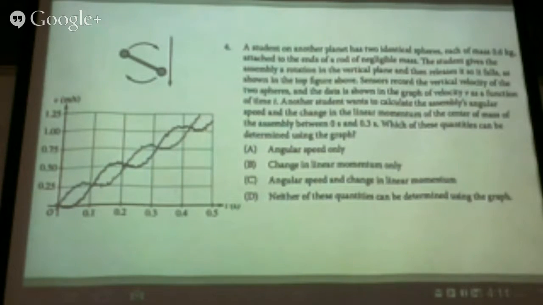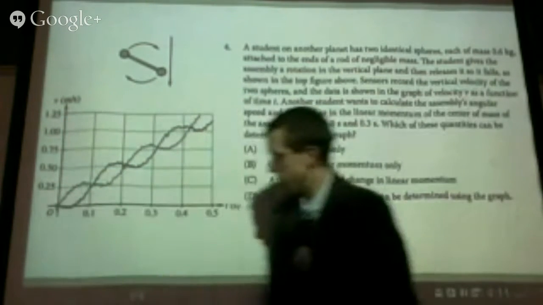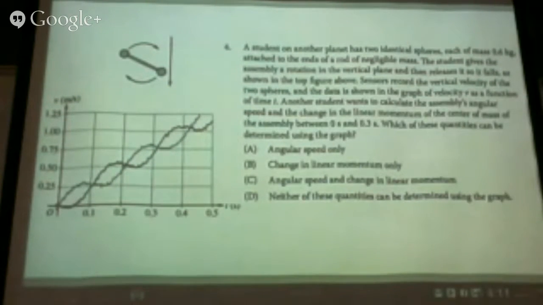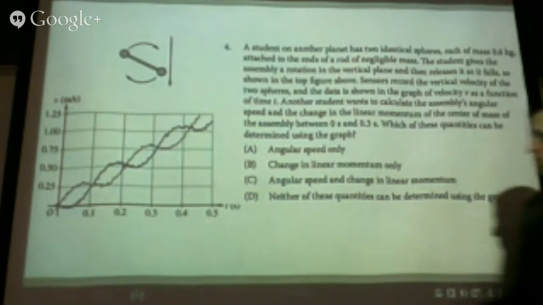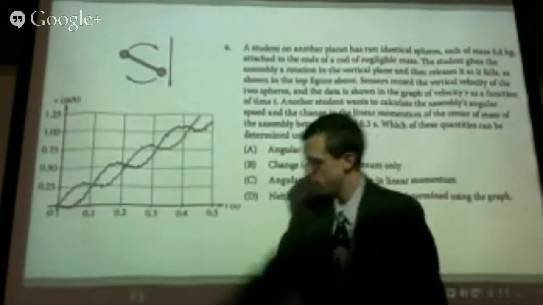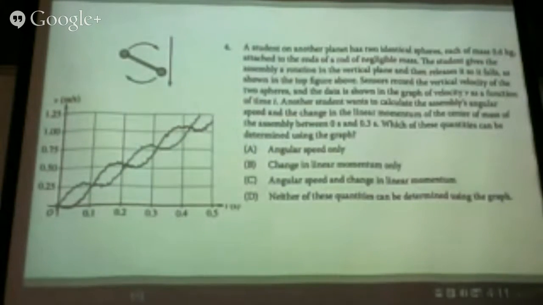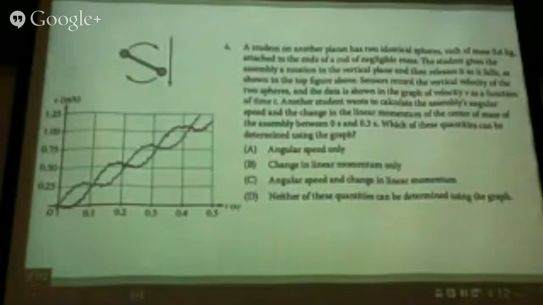Do I know starting speeds for each of these objects? Looks like it's 0 for both of these right here. And do I know the speed at 0.3 seconds for each of these objects? Here and here. So I can find the momentum of one of the balls at the very beginning, and the momentum of the other ball at the very beginning, and the momentum of each ball after 0.3 seconds.